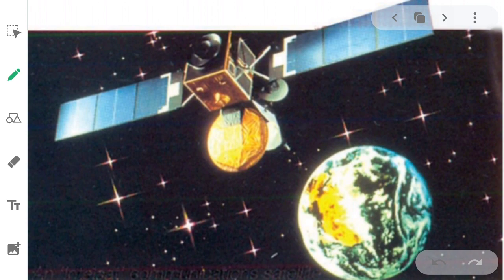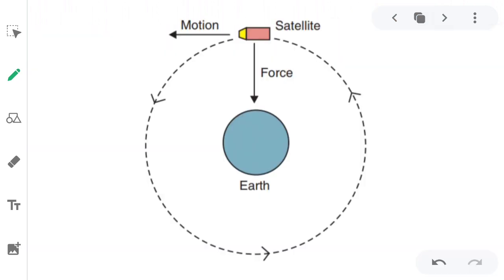Look at the direction. This one is the earth and this one is the satellite. The earth applies force in this direction, and the direction of motion of the satellite is this one.